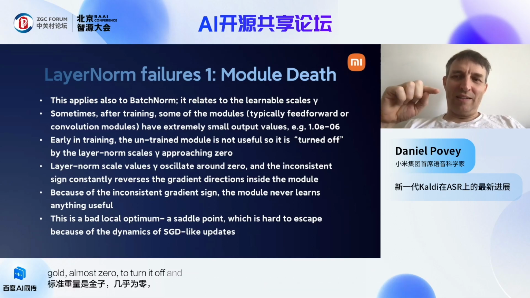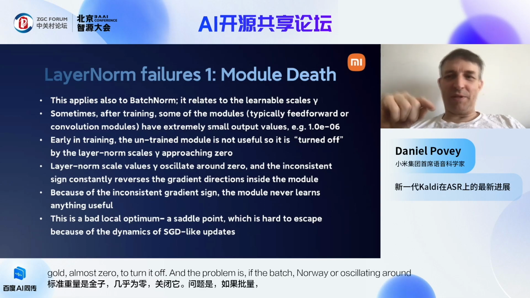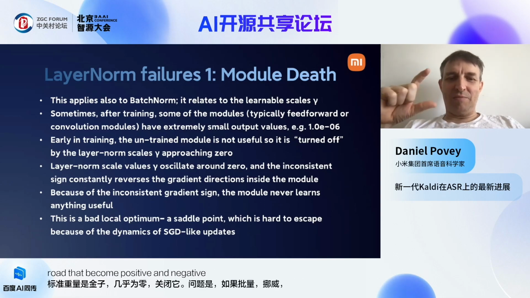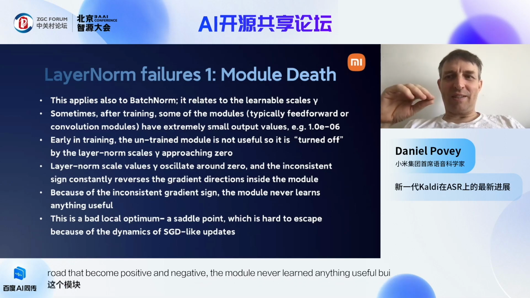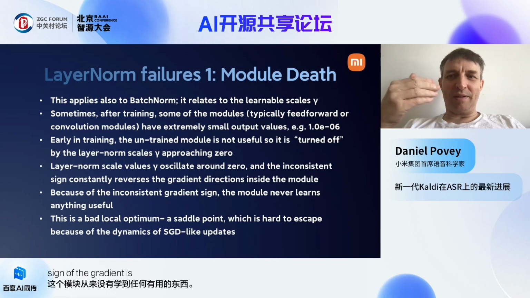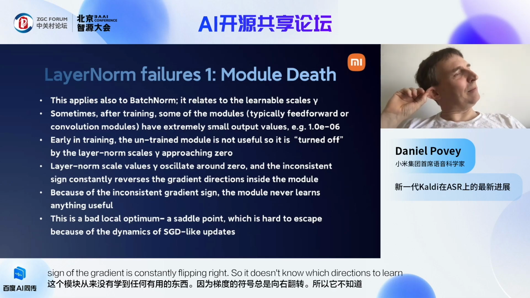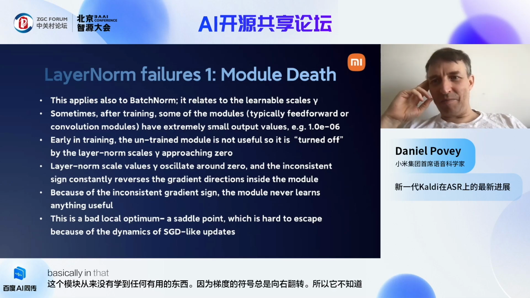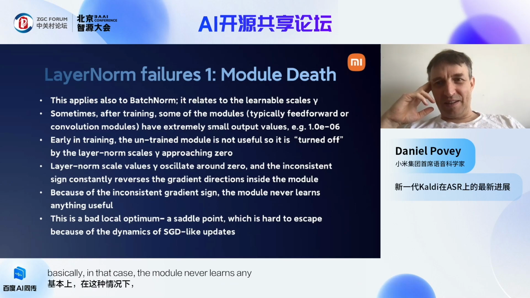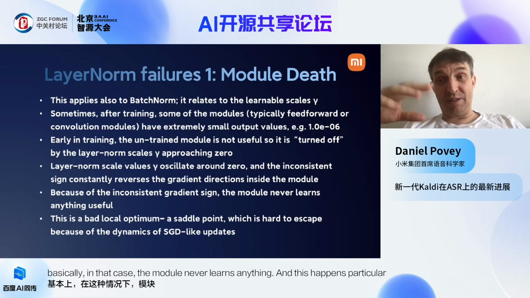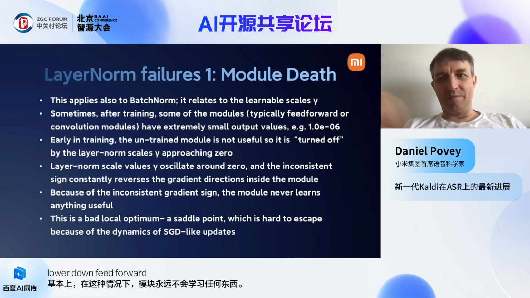And the problem is, if the BatchNorm weights are oscillating around 0, becoming positive then negative, the module never learns anything useful because the sign of the gradient is constantly flipping, right? So it doesn't know which direction to learn. Basically, in that case, the module never learns anything. And this happens particularly for the lower down feed forward layers. It can happen for quite a few of them.